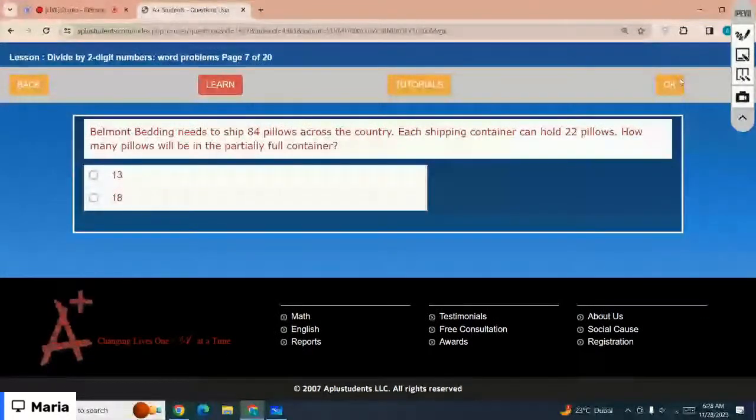Belmont Bedding needs to ship 84 pillows across the country. Each shipping container can hold 22 pillows. How many pillows will be in the partially full container?